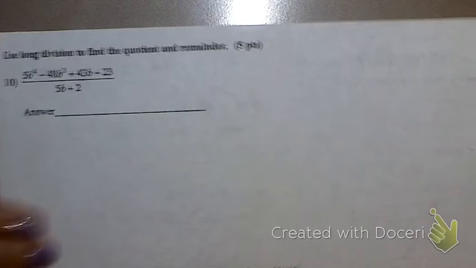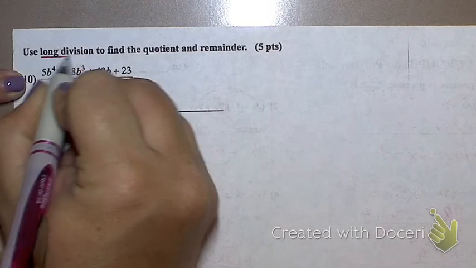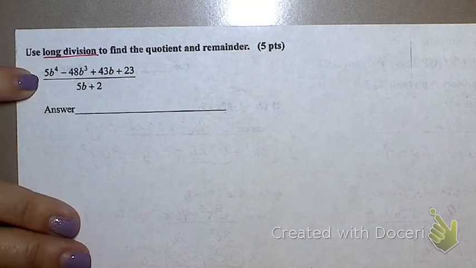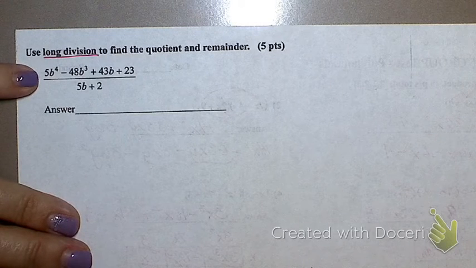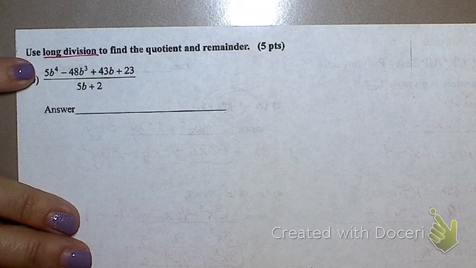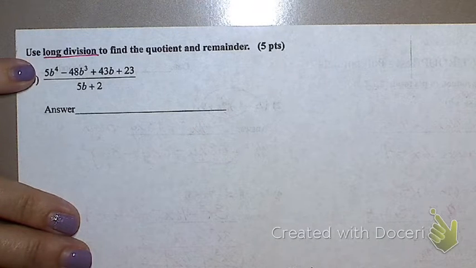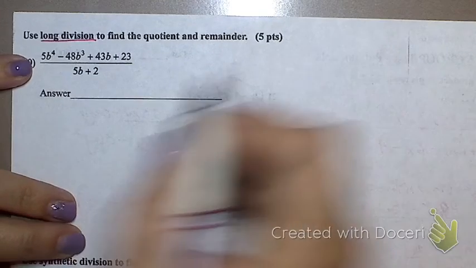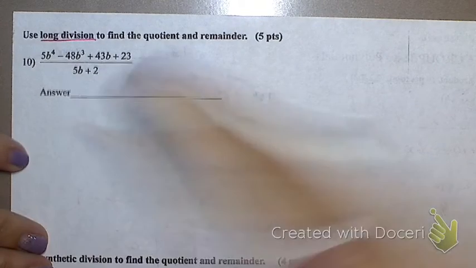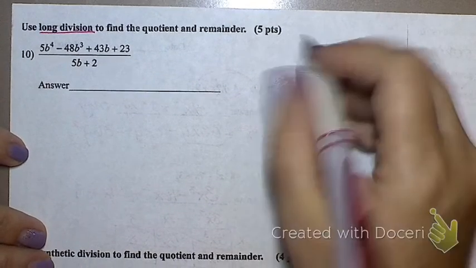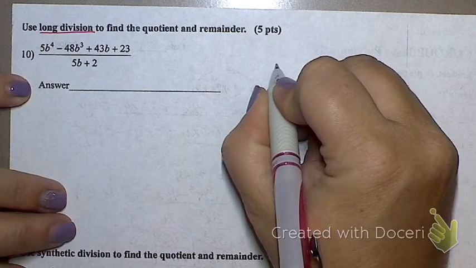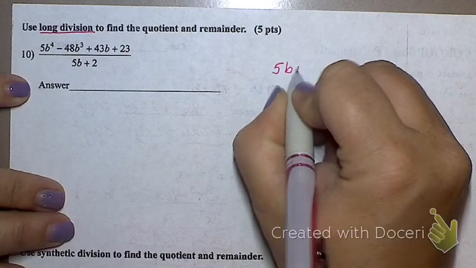All right. It says use what kind of division? Long division. I need to see your long division. If I don't see long division, then I can't mark it right. All right? So, what goes on the outside of my long division? I'm going to do it over here just so I have a little bit of extra room. 5b plus 2.